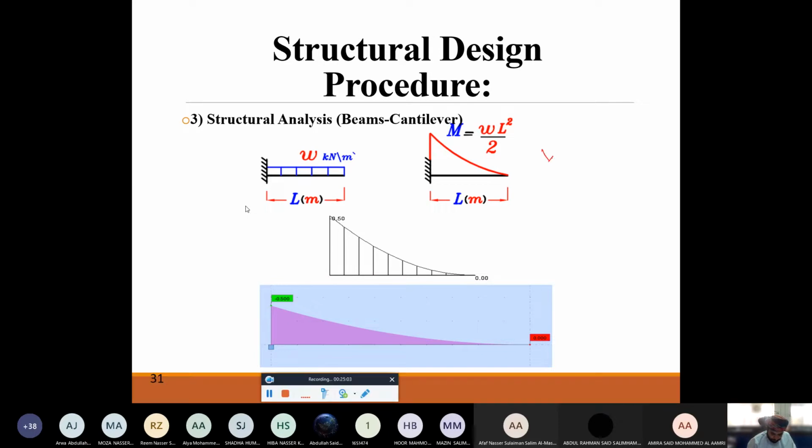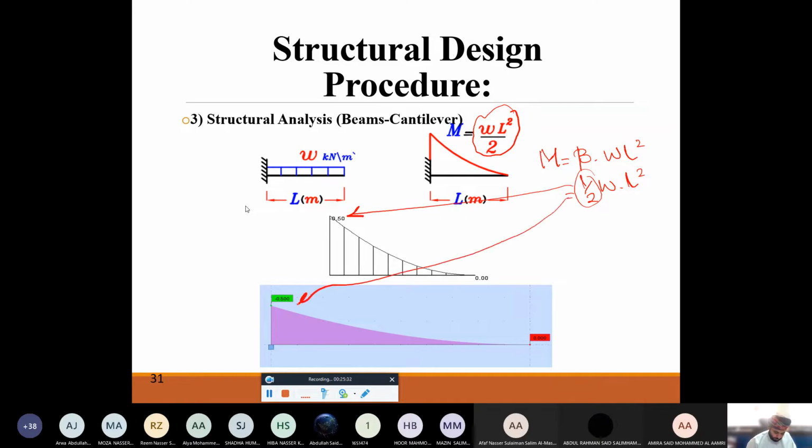We have written that M is equal to beta multiplied by W L square, where I can use this formula for the UDL. So W L square is coming, and then we have only 1 over 2. So the coefficient of bending moment is going to be 1 over 2, and this is what you can see in your calculation here.